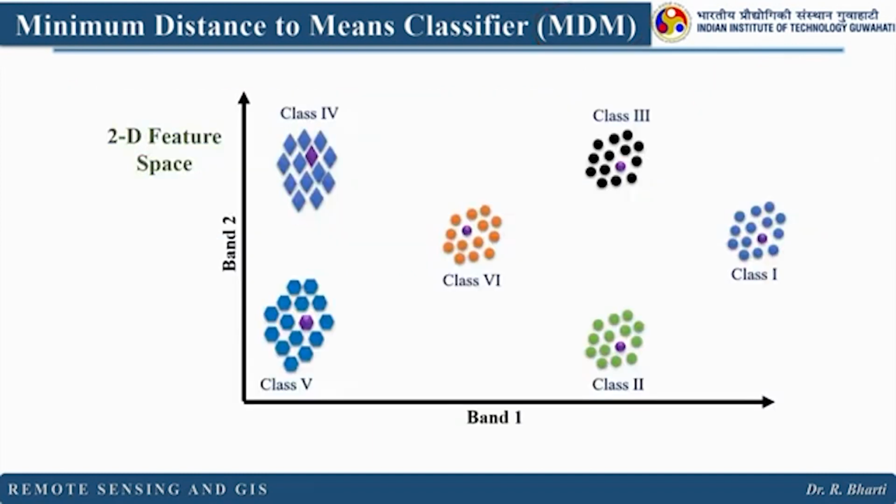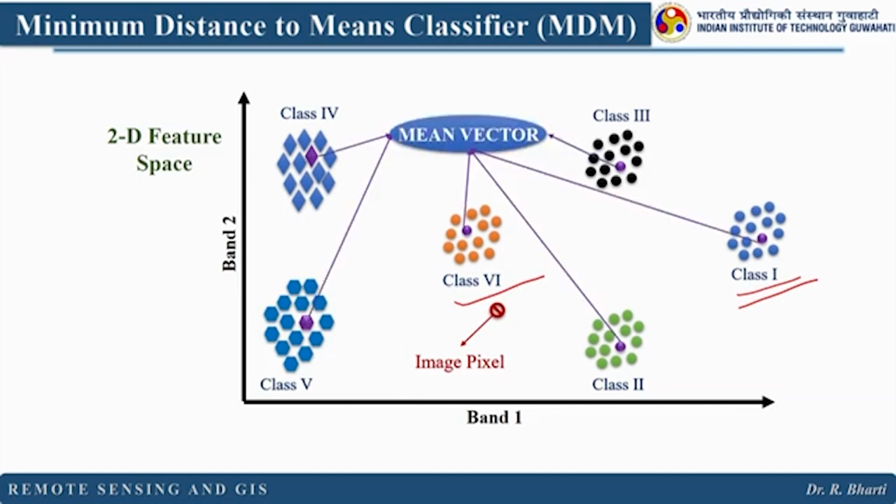To understand this, you can see this. How many classes have we provided? 6 classes, right? So now we have 6 classes as training data. We have named them class 1, class 2, class 3, class 4, class 5, class 6, right? Now the next step is to calculate the mean vector, so that will be identified, and then this is my image pixel which has to be classified into any of these 6 classes.